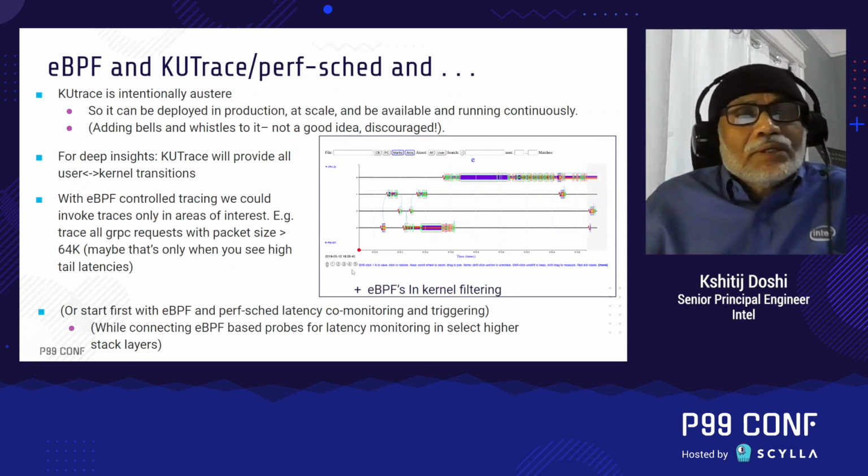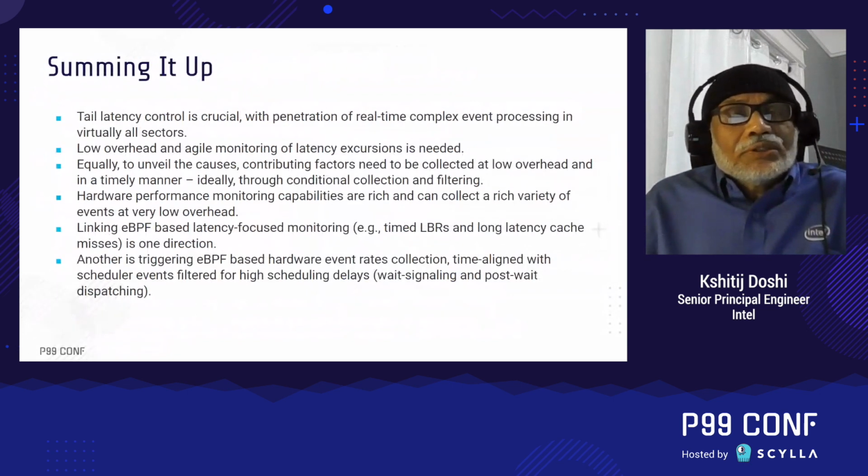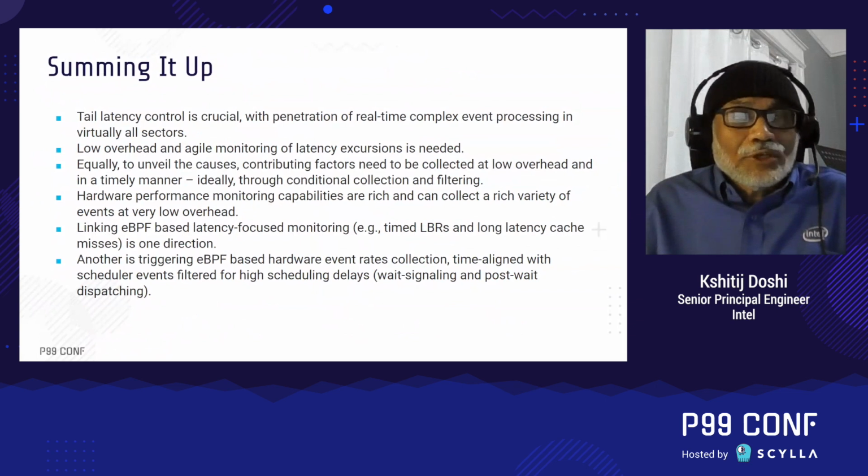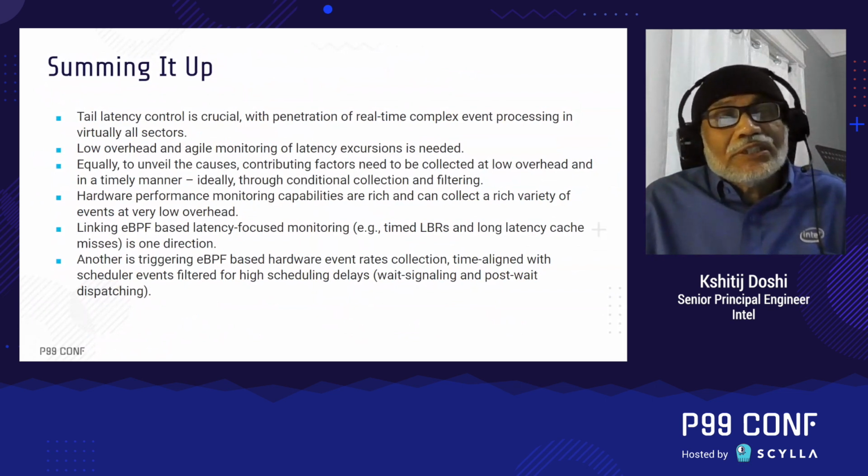So to sum up, tail latency control is crucial. Increasingly, everything is becoming interactive, and so we want to ensure that peak latencies are monitored, ideally even in production systems. That means that low overhead and agile monitoring of latency excursions is needed.